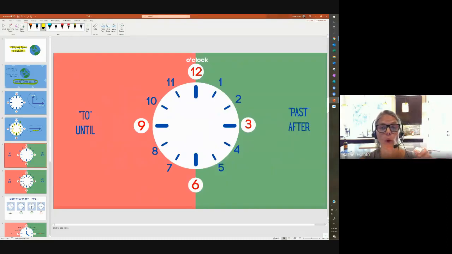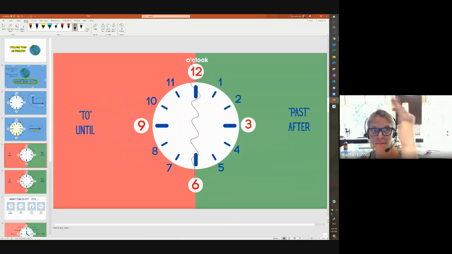Now, when the hand is going around, right, the hand kind of goes around the circle like this. The clock is divided into two halves, and I'm just going to draw like a line right here down the middle.